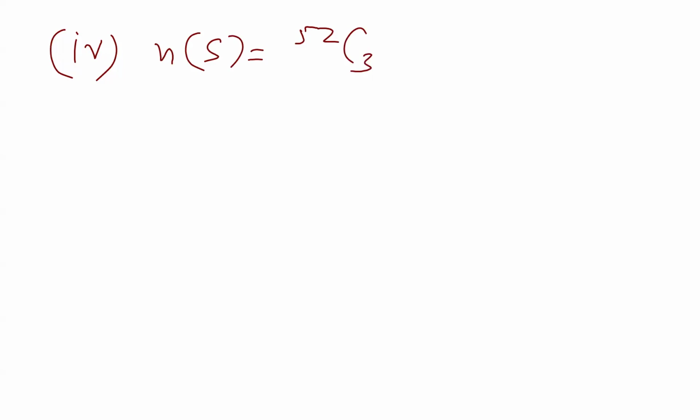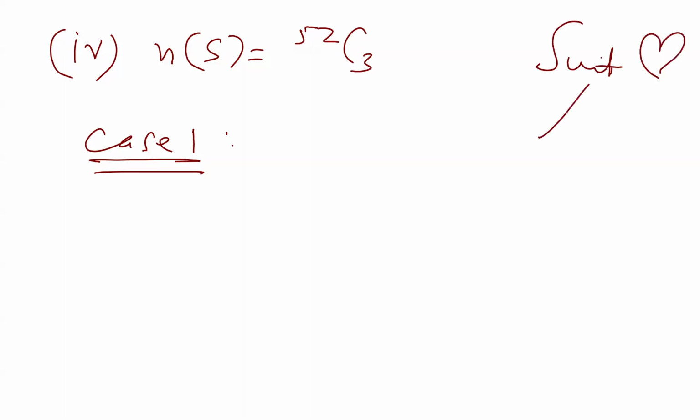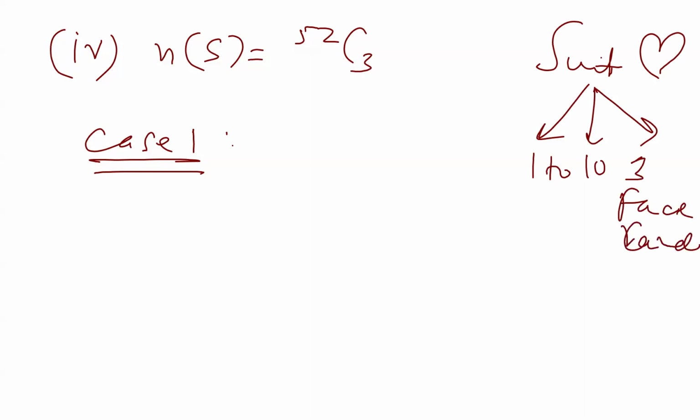Now all the 3 cards will have the same number. Case 1. When I talk about the 3 cards of the same number, every suit has 13 different categories. For example, hearts. There are 13 different categories from 1 to 10 and 3 face cards, right?